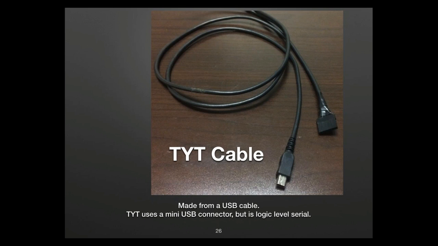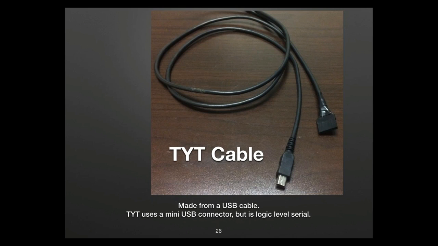I mean, it's physically a USB connection, but it's actually the logic level serial. So the same thing, I just took a USB cable, cut the end off of it, and connected the 3 wires, the ground, the transmit data, and the receive data, and it's really pretty easy. These things are really just so easy to build, because if you know which one is ground, then there's only 2 choices. One is transmit and the other is receive, and if it doesn't work, you swap them.